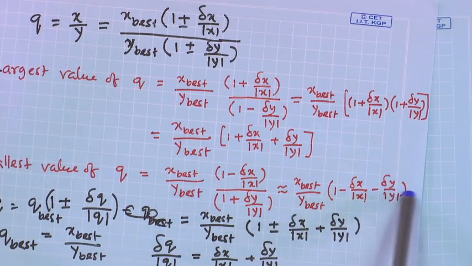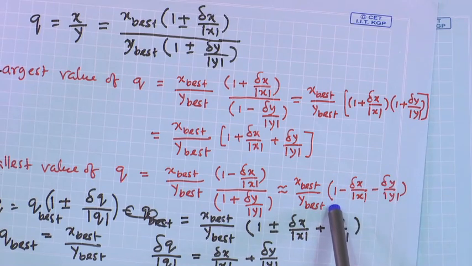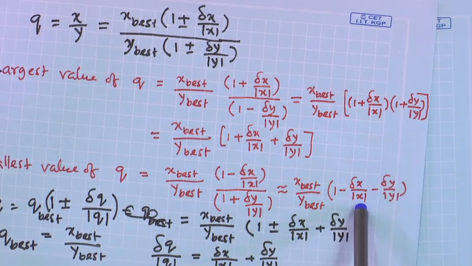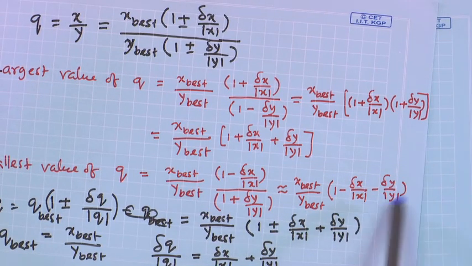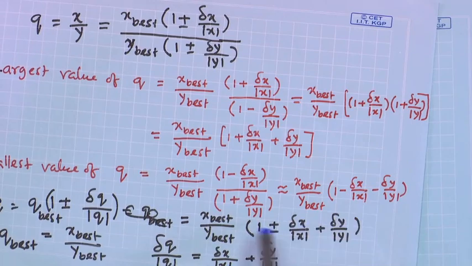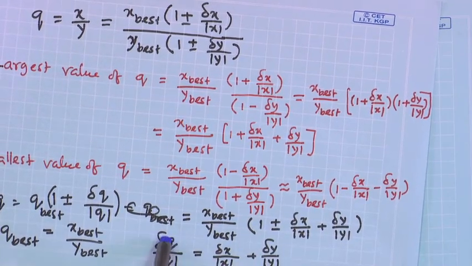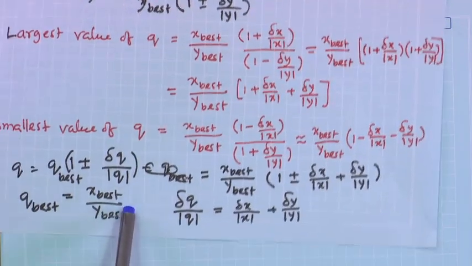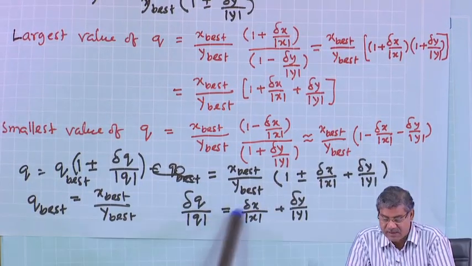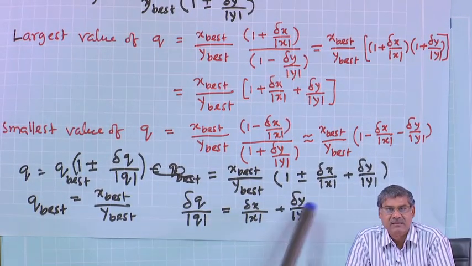So, from there you will get 1 minus del x by x minus del y by y. So, in this case also you are getting del q by q. If you proceed here, the calculation steps are given. So, del q by q equal to del x by x plus del y by y.